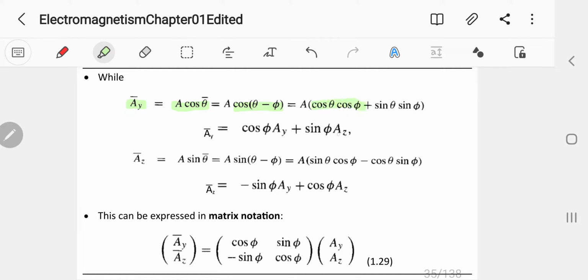So here you have cosine theta cosine phi plus sine theta sine phi, and then you will have your AY. If you simplify that, your AY bar would then become that one, and then your AZ bar will just be A sine theta bar, A sine of theta minus phi, and if you simplify that, this would be this one.